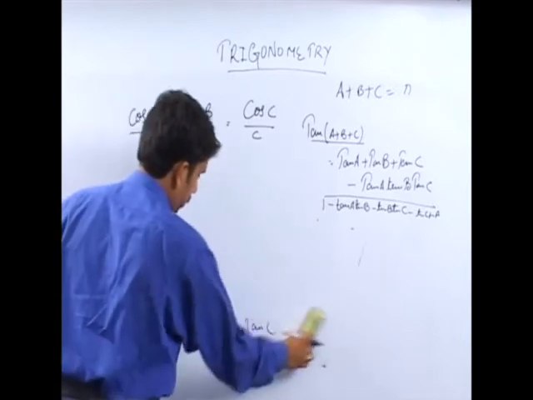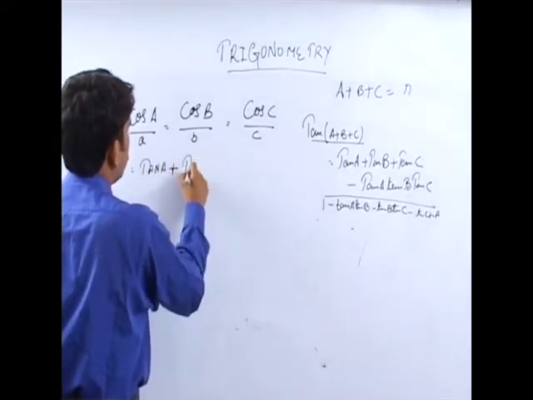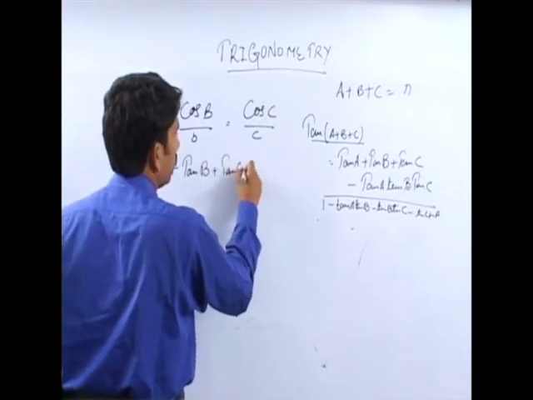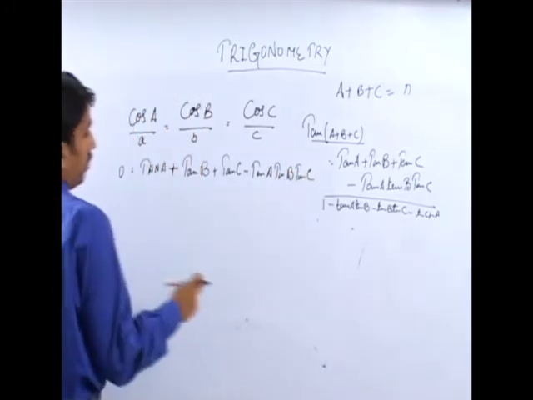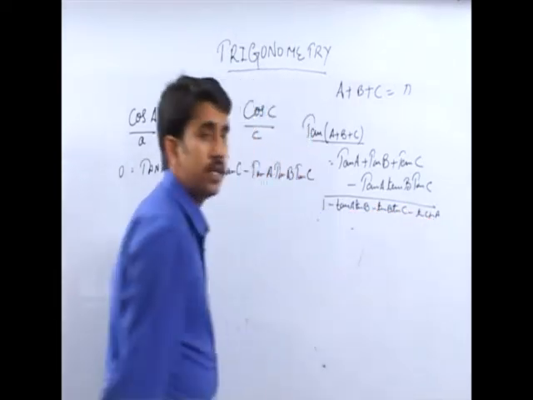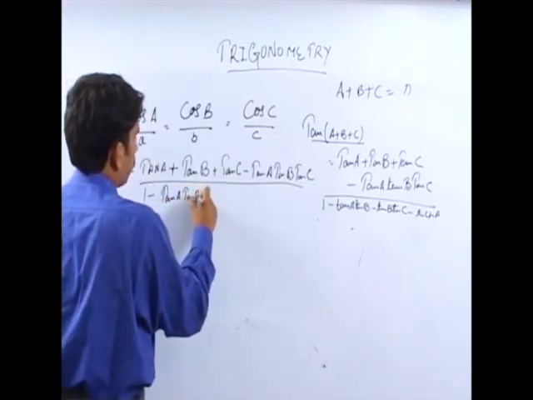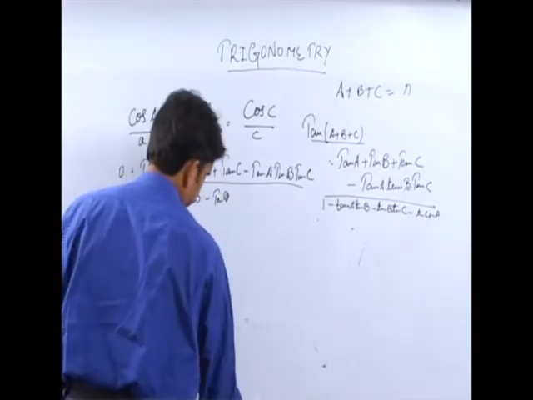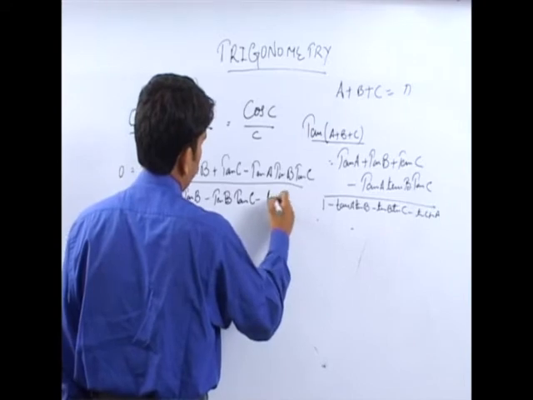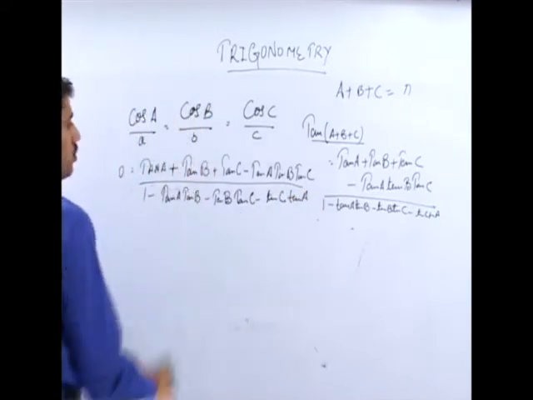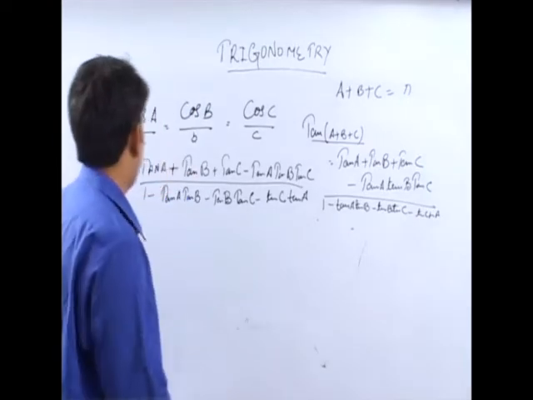That means 0 will be equal to tan A plus tan B plus tan C minus tan A tan B tan C, whole over 1 minus tan A tan B minus tan B tan C minus tan C tan A. Now this will be equal to 0 if and only if the numerator is equal to 0, because if there is 0 in the numerator, then the whole term will be equal to 0.